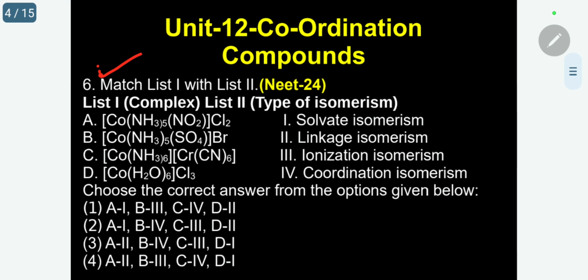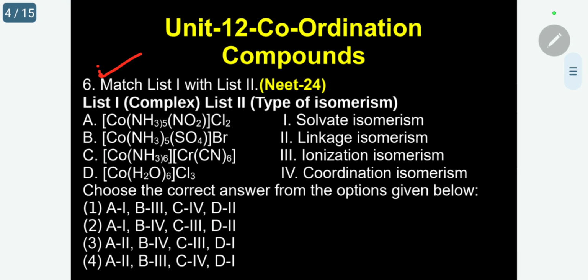Compounds having the same molecular formula but differences in structure, giving optical activity, is called optical isomerism.